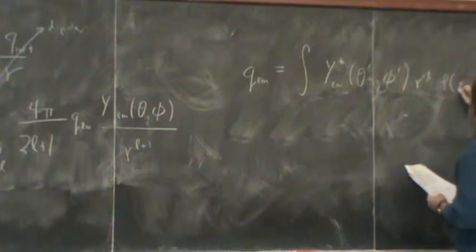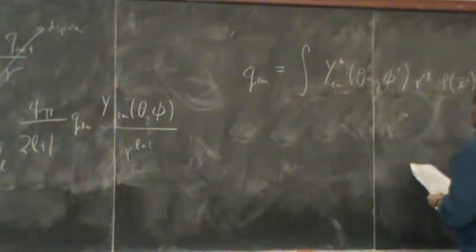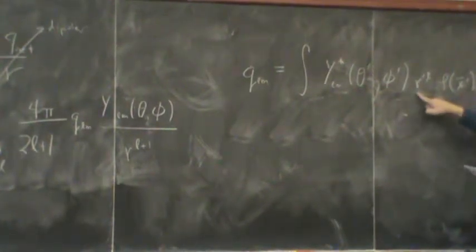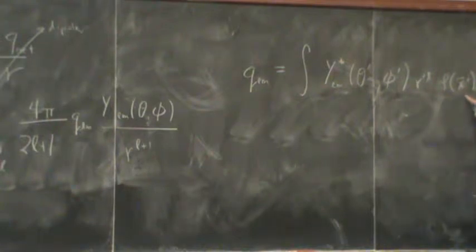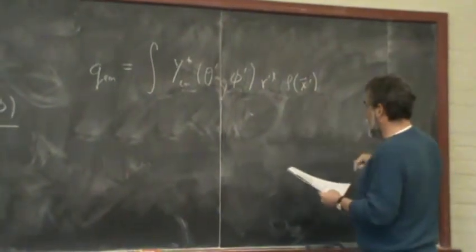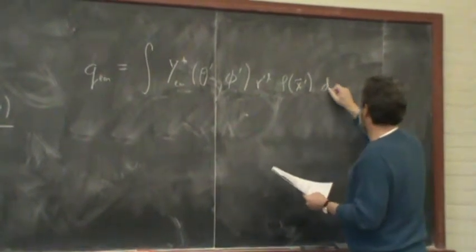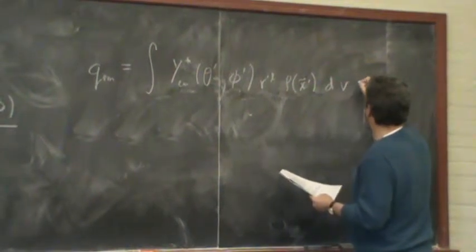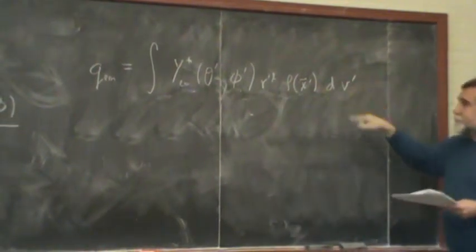Oh, let me write it as X, because this is radial, and this is the actual position. Primed meaning the positions of the charge. That's charge density. That's volume.